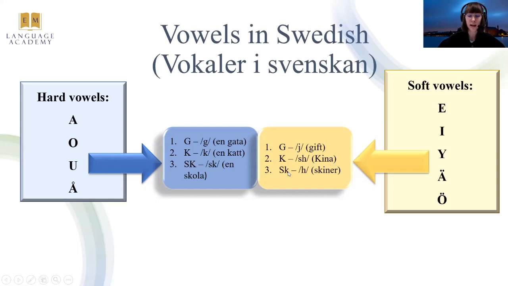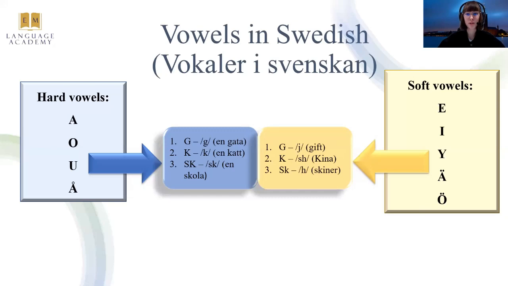And then the combination SK changes into sound sh, skiner. Skiner is shining or shines. So gift, married, Kina, China, and skiner is shining or shines, right? So whenever we have a G, K, or SK, and then they are followed by a soft vowel, G changes into Y, K changes into sh, and SK changes into sh.